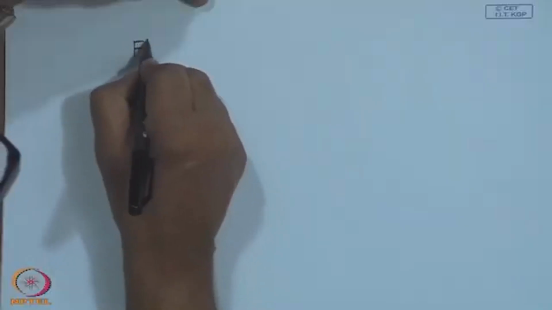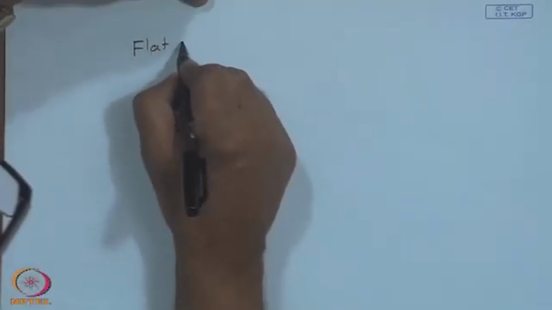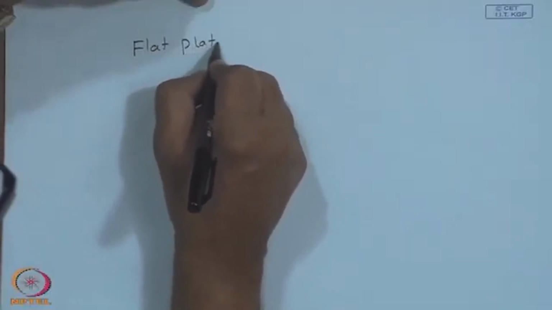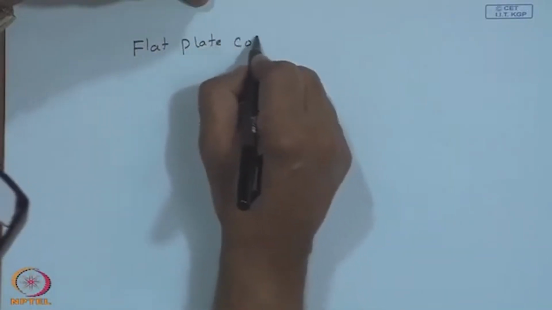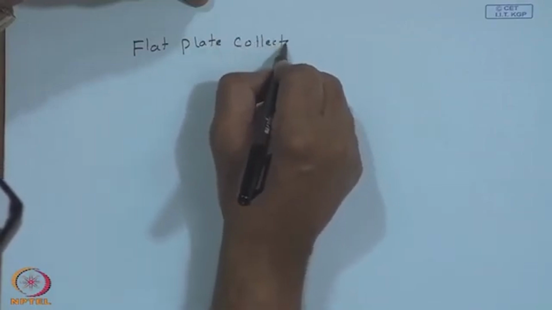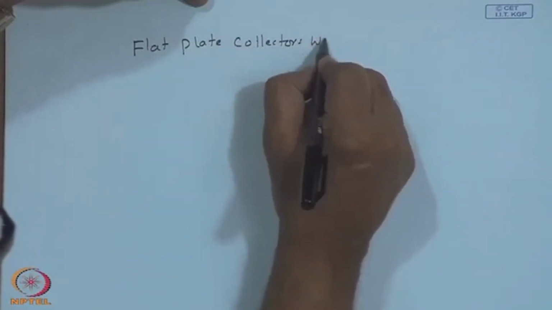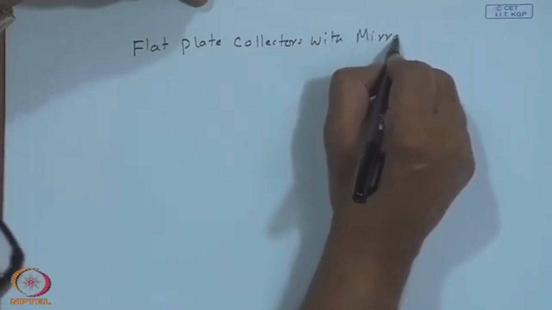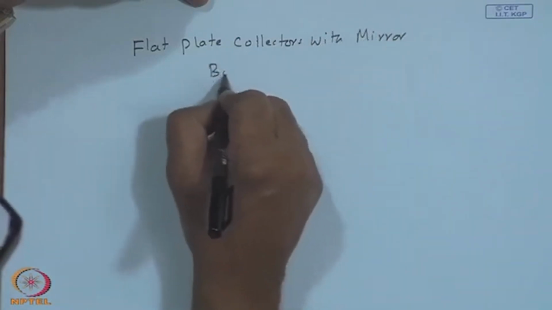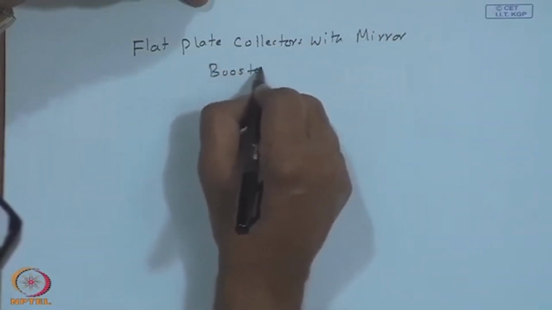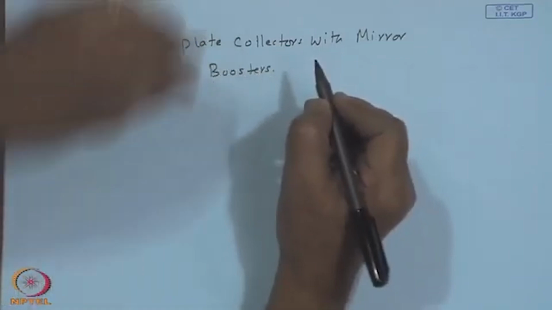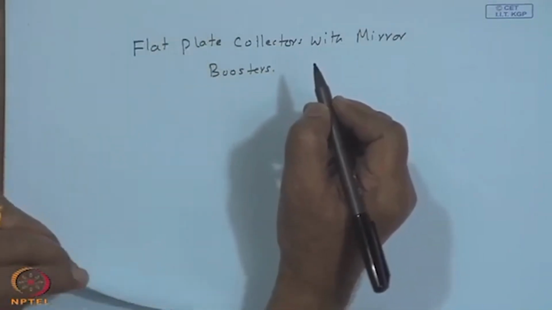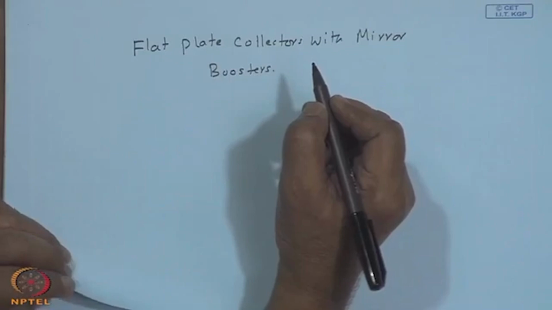Now, one solution is to use the flat plate collector in conjunction with mirror boosters. That is, you enhance the radiation incident on the flat plate collector by suitably attaching a mirror to the flat plate collector.